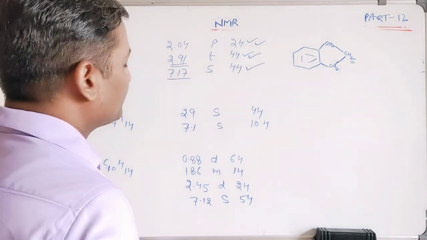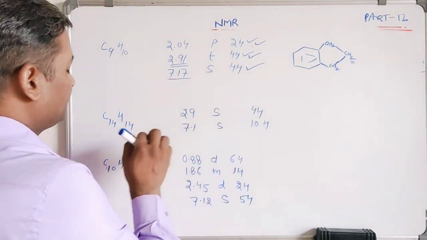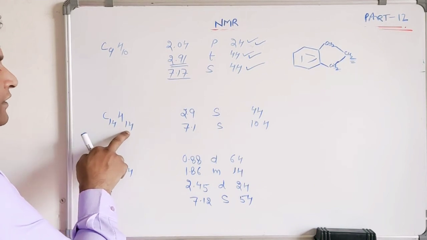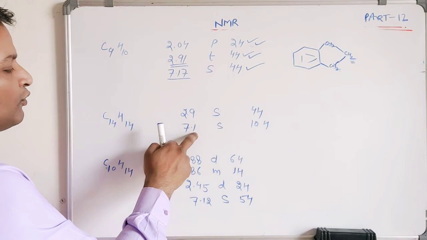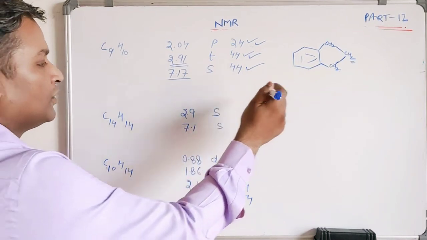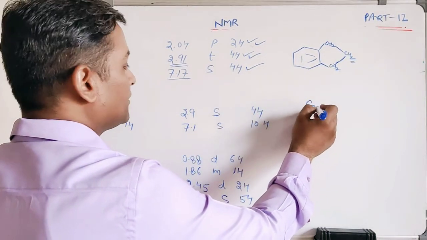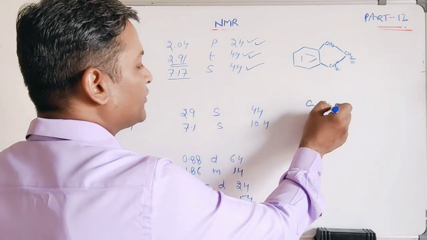Satisfying all the information. Second information is C14H14, 2.9 singlet 4 protons, 7.1 singlet 10 protons. What is the degree of unsaturation?